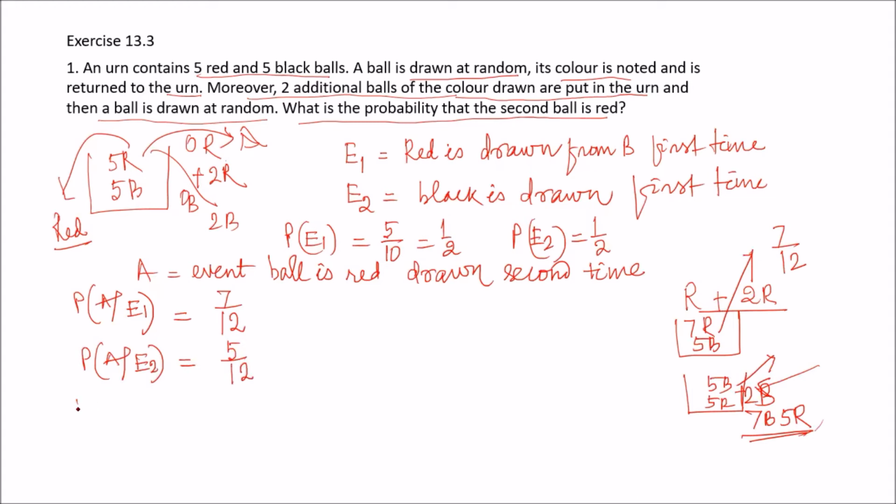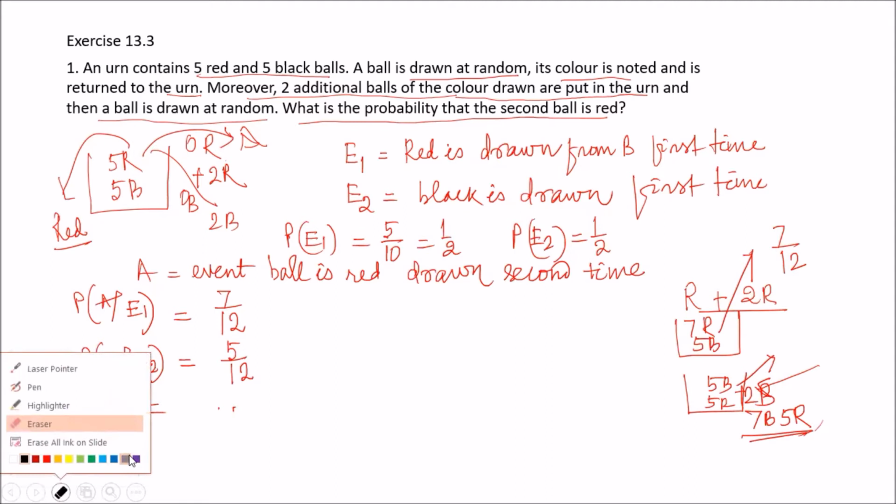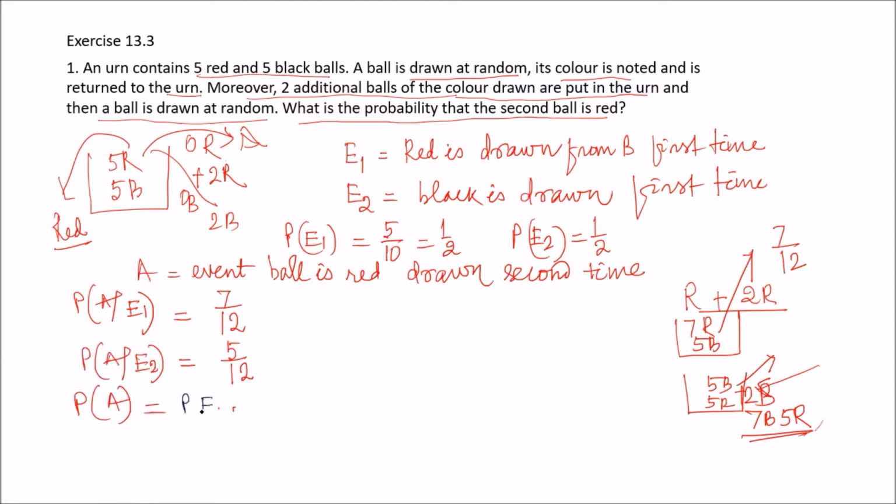So what is the total probability? P(A) is equal to P(E1) into P(A given E1) plus P(E2) into P(A given E2).